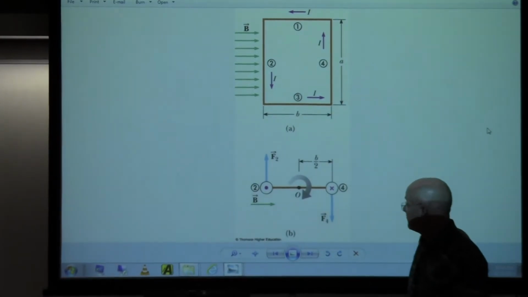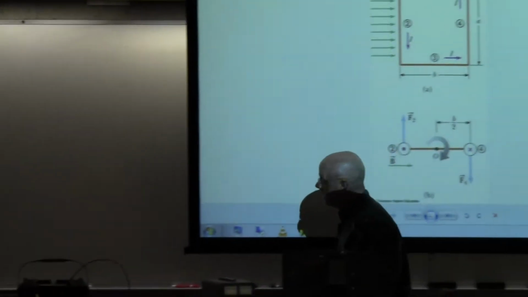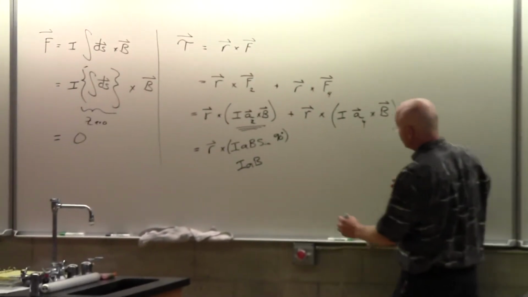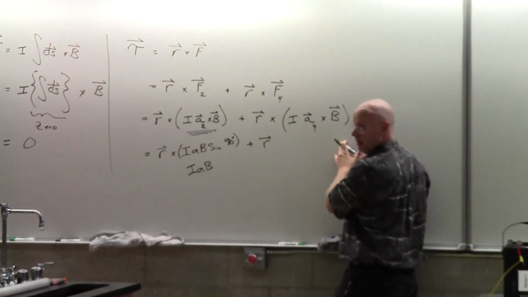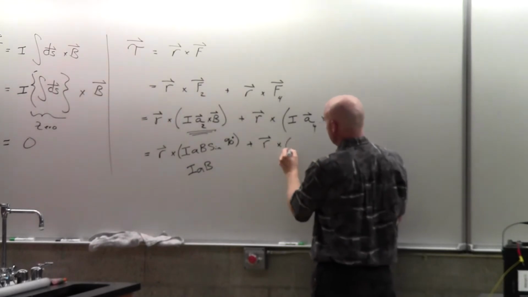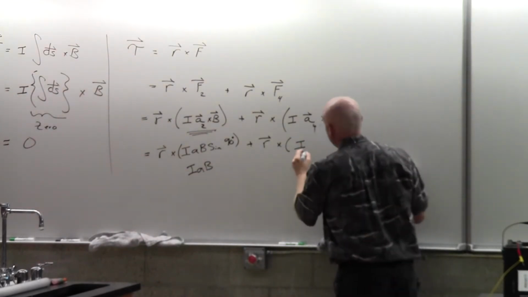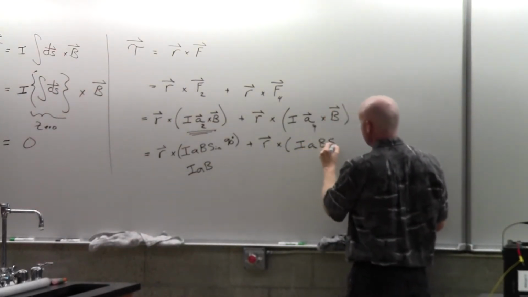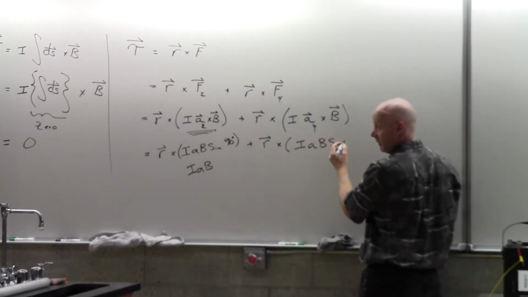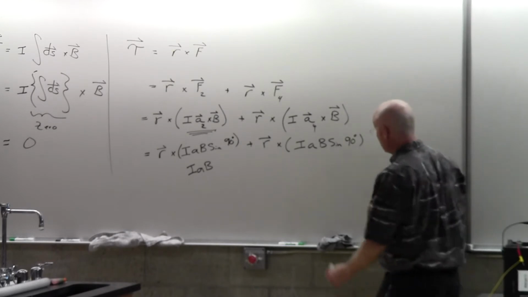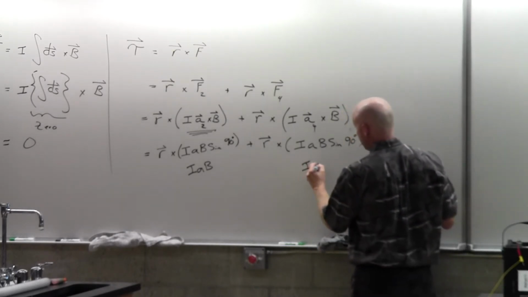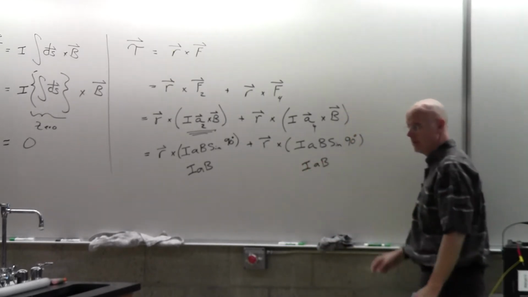Okay? Maybe without too much work, is it okay if I do the same logic here? That this would be an I, an A, a B, and sine of? Yeah, 90 degrees there too. And so that reduces to I, A, and B also.